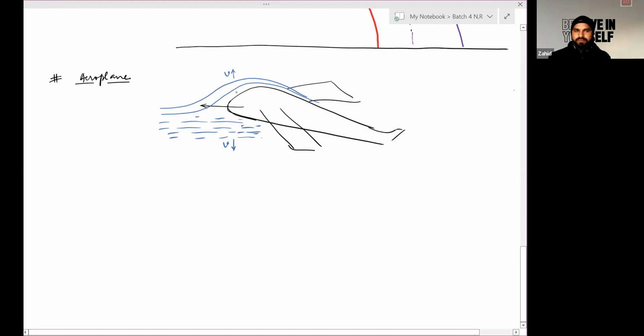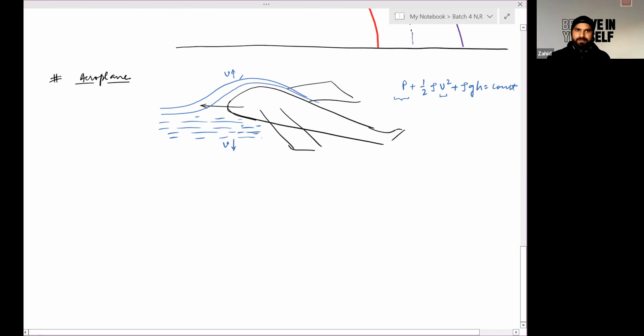Due to this change in velocity between these two portions of the plane, pressure will consequently change. According to Bernoulli's principle, we can write P plus half rho v square plus rho gh equals constant. So if velocity is decreasing, pressure must be increasing, so that the sum of these terms at that instant is constant.